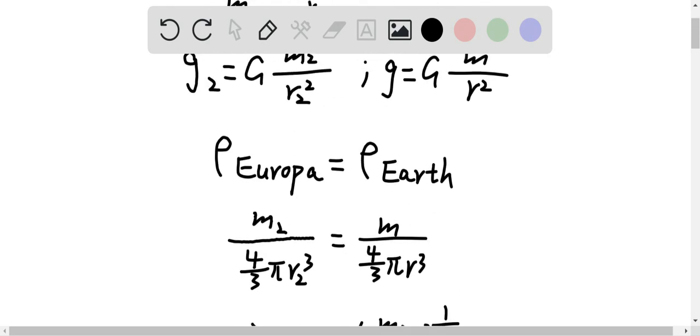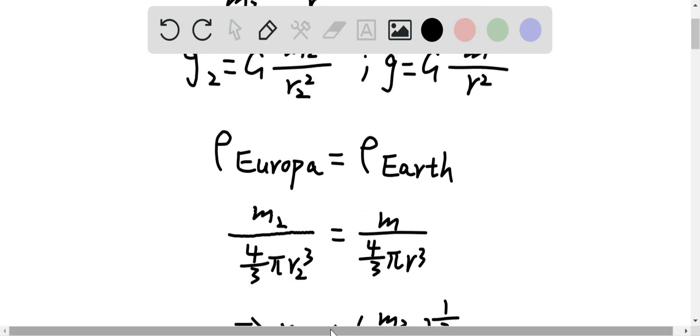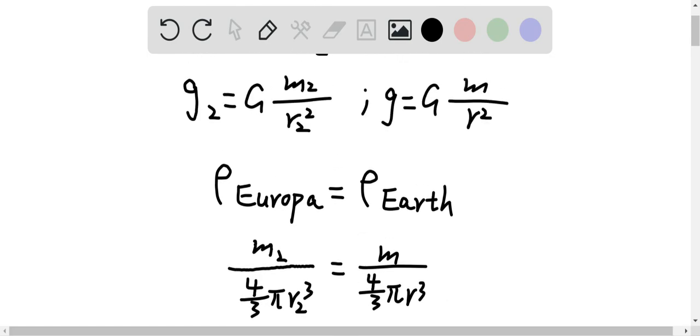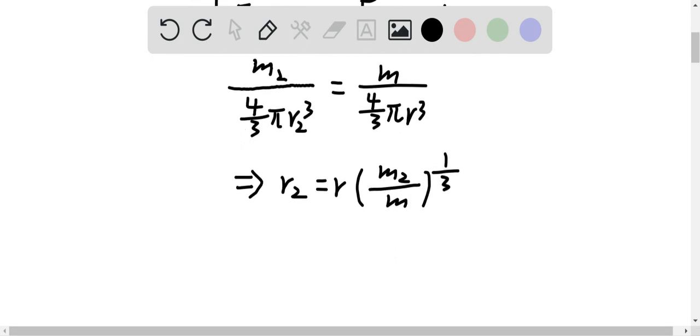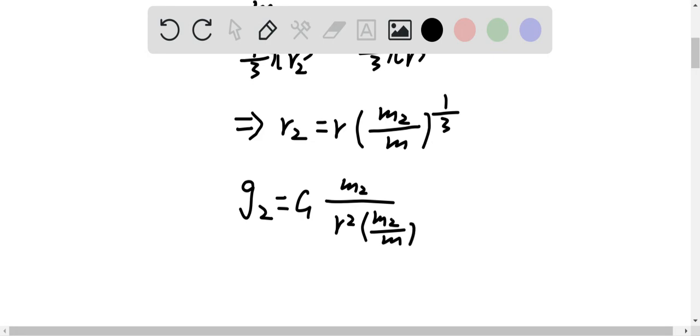And if we plug back into the equation g2 equal to G times m2 over r2 squared, we'll get g2 equal to G times m2 over r2 squared, so it's r squared times (m2 over m) to the power of 2/3.